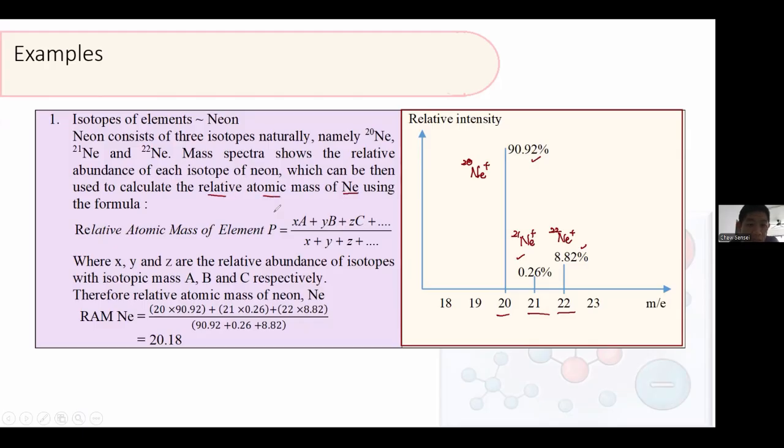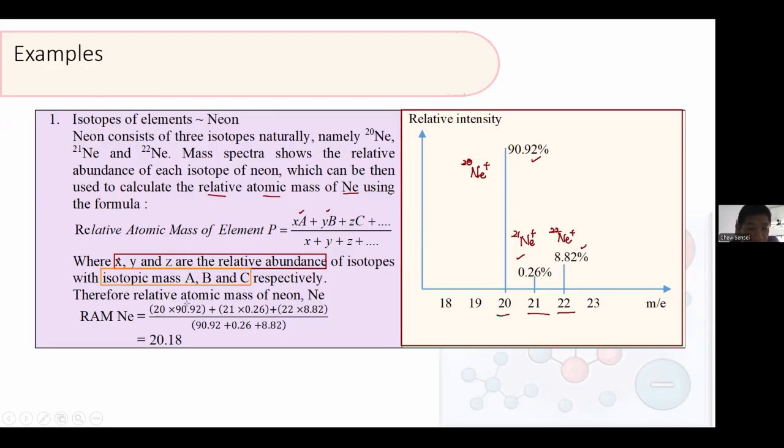Using the formula XA plus YB plus ZC over X plus Y plus Z, where X, Y, Z is referring to the relative abundance, whereas the A, B, C in here is referring to the isotopic mass of the particles involved.